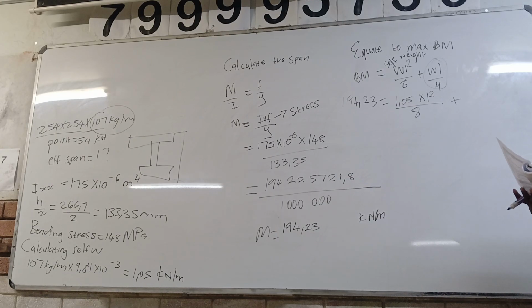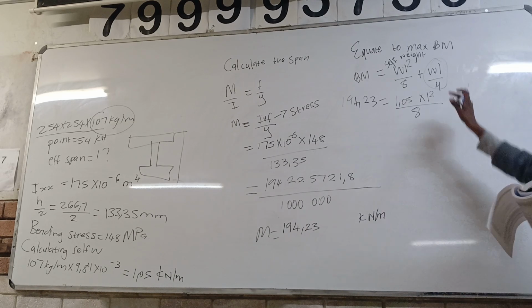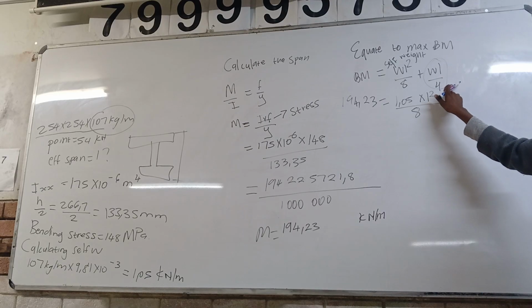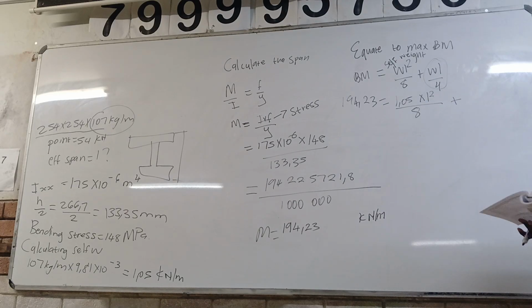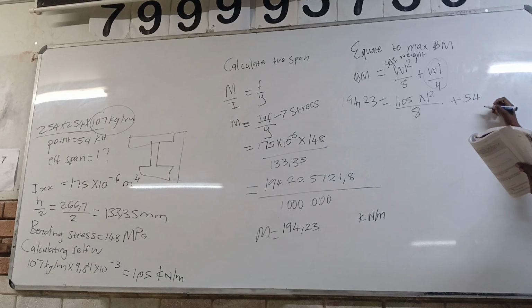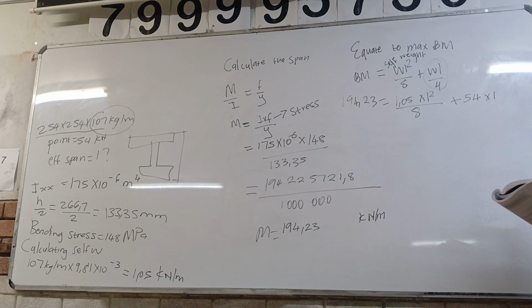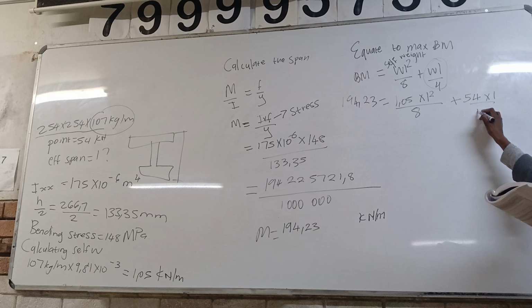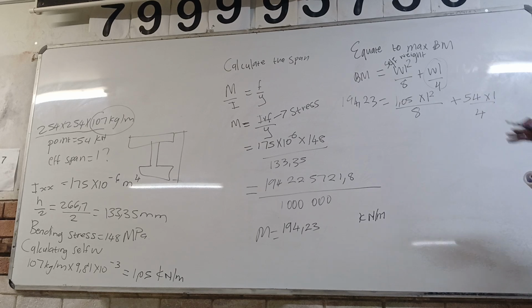The 254 by 254 by 107 kilograms per meter structural beam is required to support a point load. This WL over 4 is for the point load, so W is the load for the point load, which is 54, and L we do not have, it is what we want, all divided by 4.